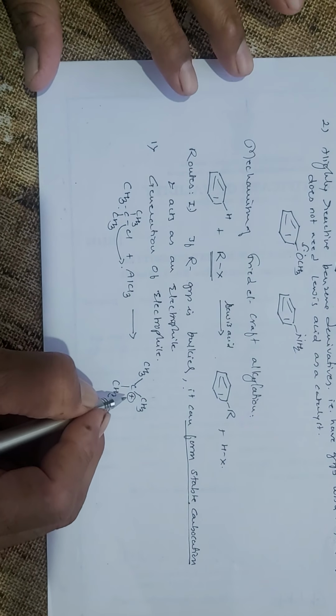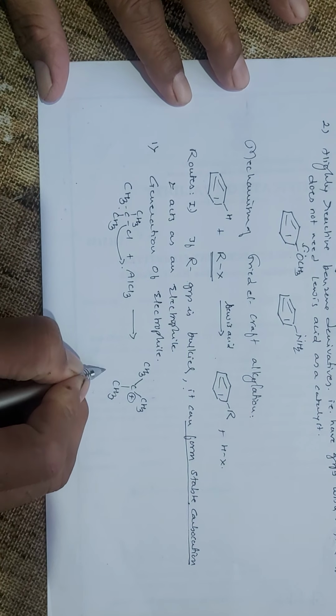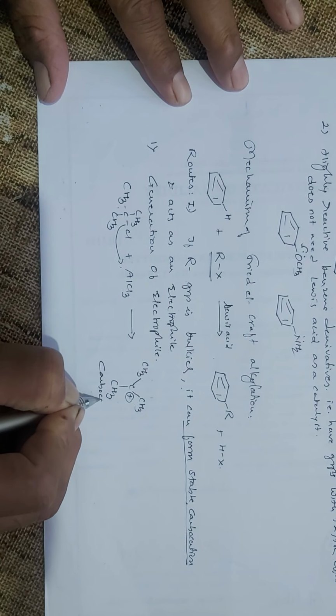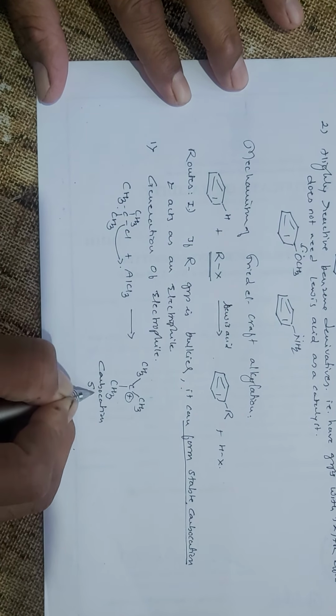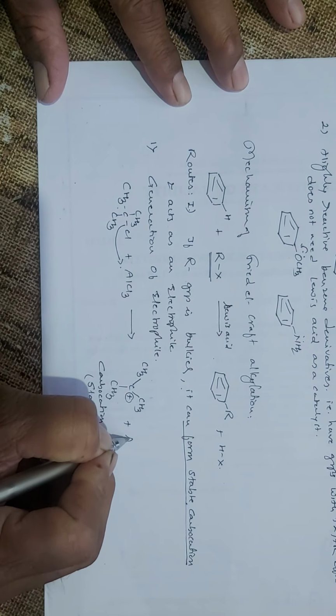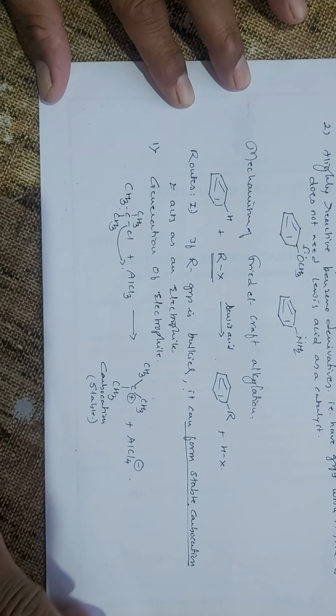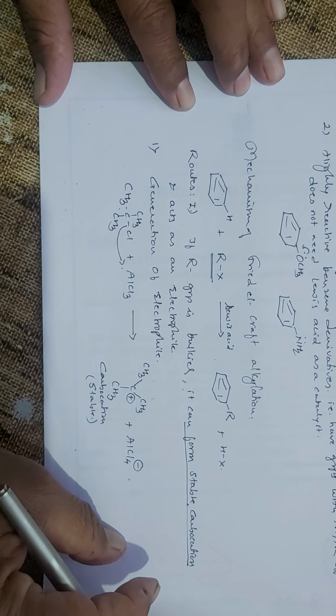The formation of the carbocation takes place easily because this carbocation is stable, and so this bulkier R group gives a stable carbocation, which further reacts with the benzene ring.